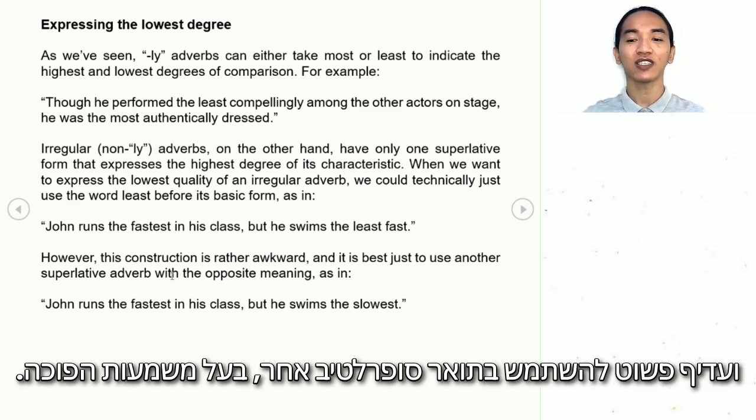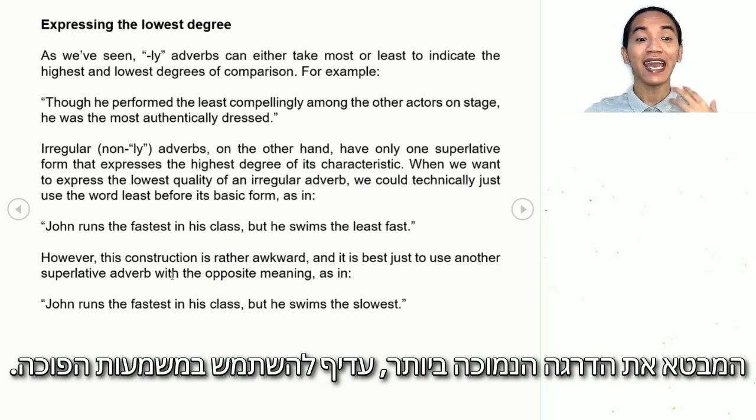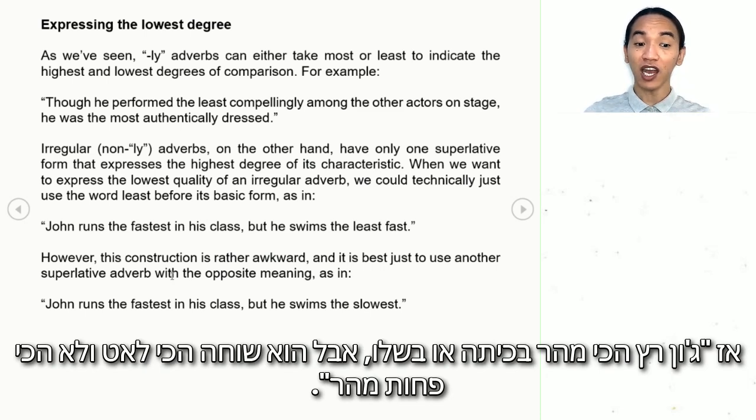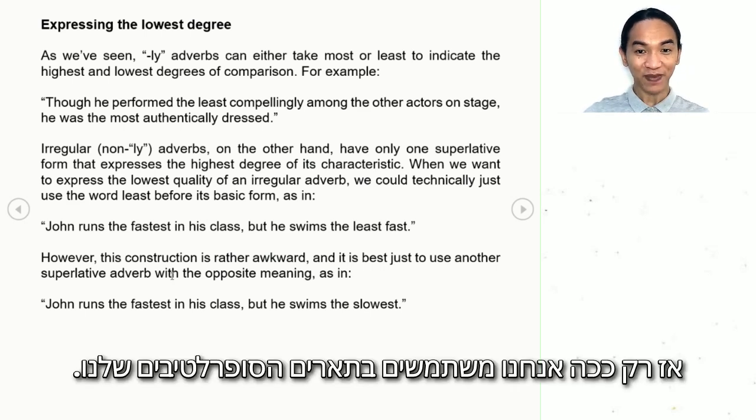And it's best just to use another superlative adverb with the opposite meaning. So, in short, if you want to express the lowest degree, it's better to use an adverb with the opposite meaning. So, John runs the fastest in his class, but he swims the slowest rather than the least fast. So that's just how we use our superlative adverbs.